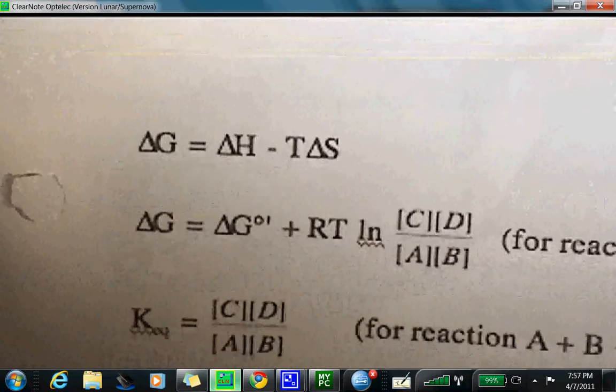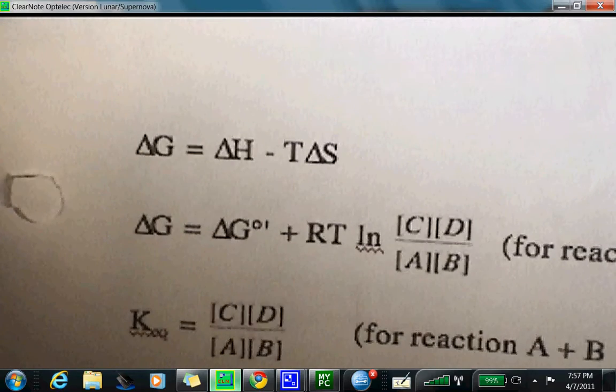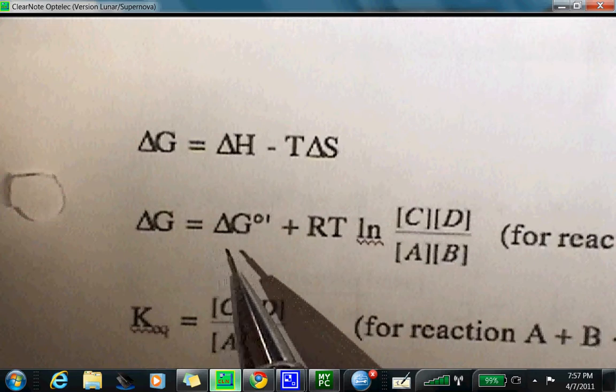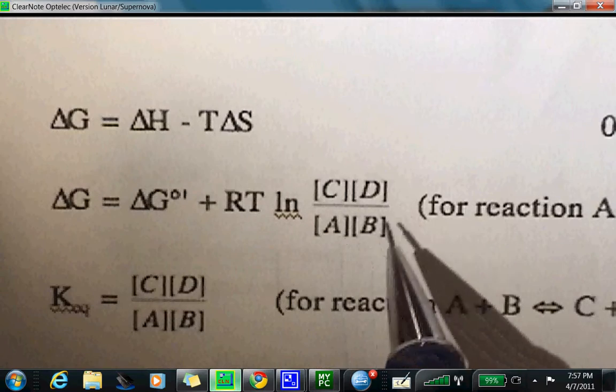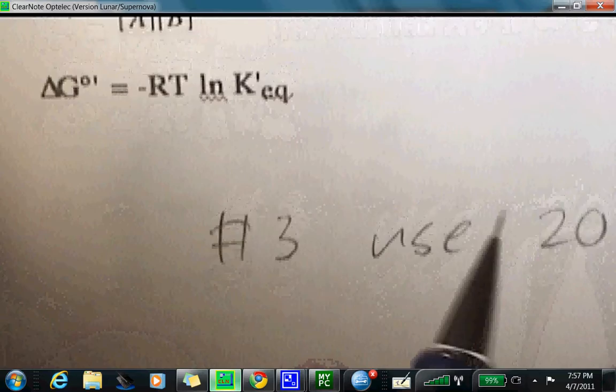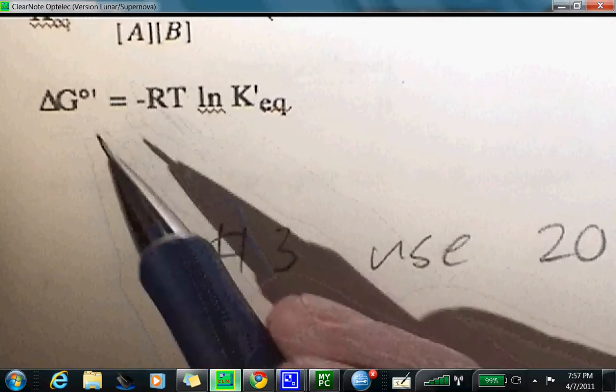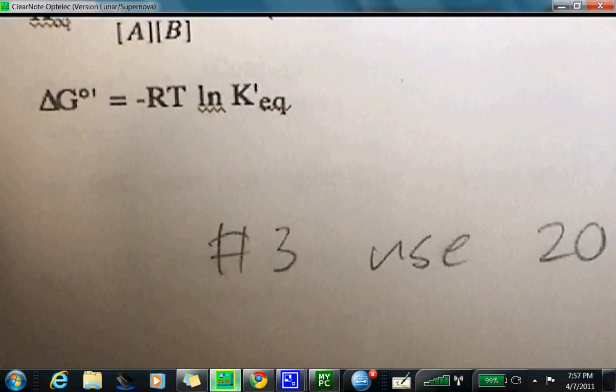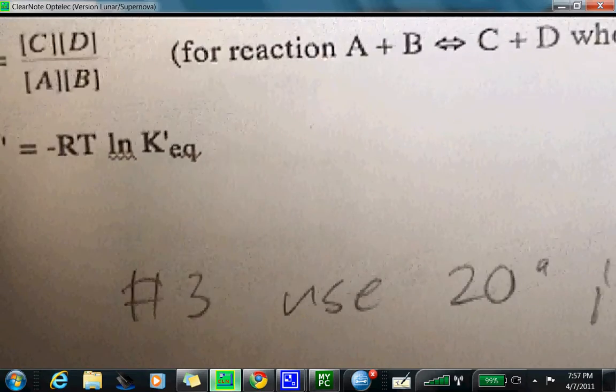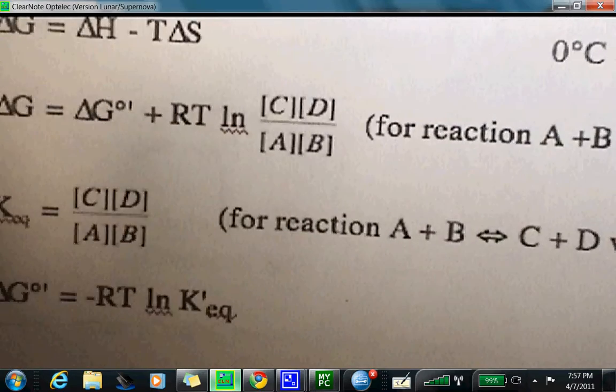Okay, so the setup of this reaction is fairly simple. We're going to be utilizing two equations here. Our equation: delta G equals delta G prime plus RT ln of this, and what our delta G prime actually equals. You can do this two ways. You can plug in the numbers of delta G prime and try to figure it out that way, but what I figured out is that it's actually easier to do algebra.